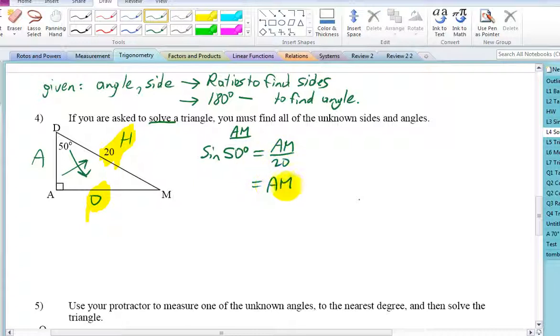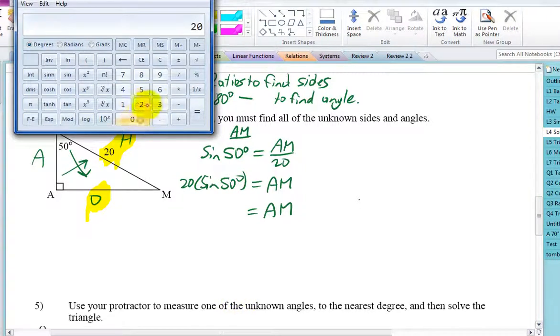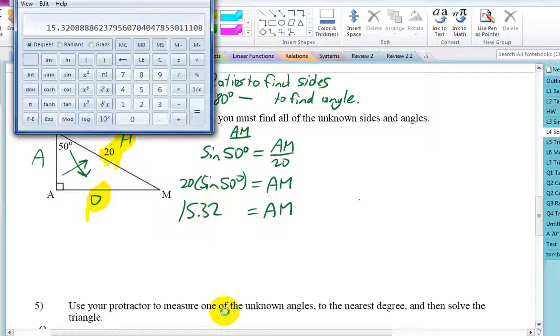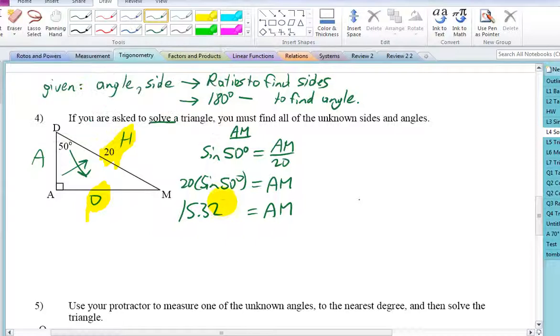Show your work, find the side. Go. 15.320888.